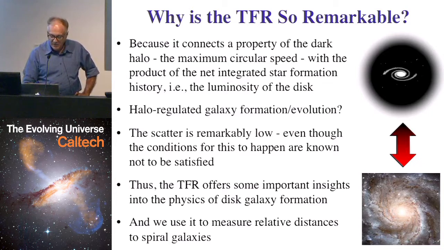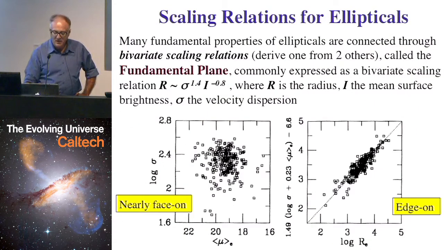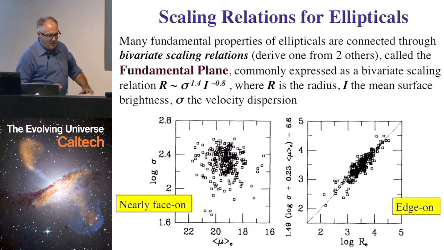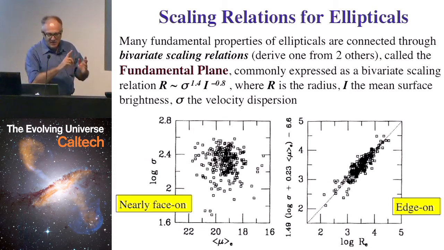For elliptical galaxies, there is something similar called the Faber-Jackson relation, but the really interesting one is a bivariate correlation, which means there's a bunch of properties like radii, luminosity, densities, velocity dispersions, what have you, and any two of them can predict the third one.